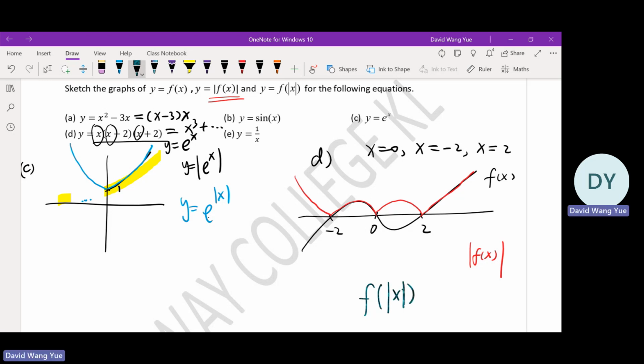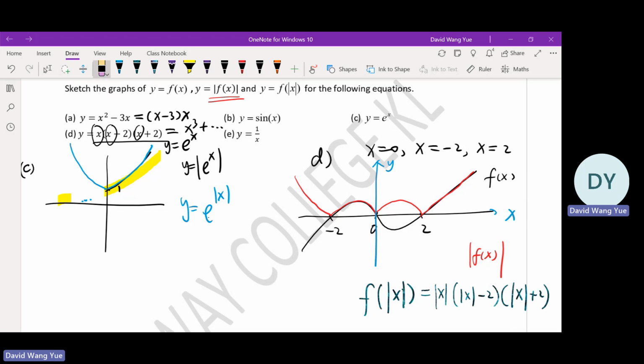For this one, I need to once again take away the part on the left of the y-axis. This y-axis crosses at x equals 0.